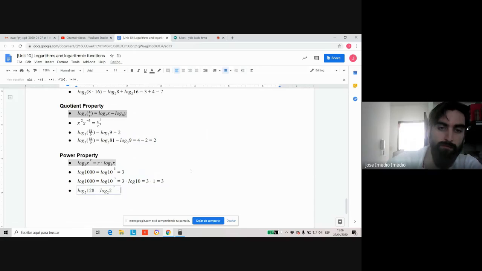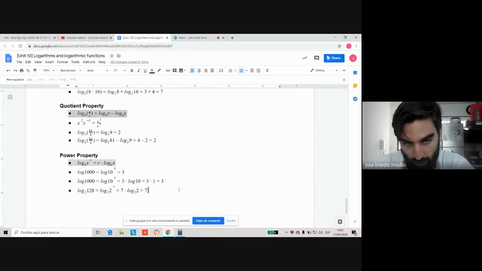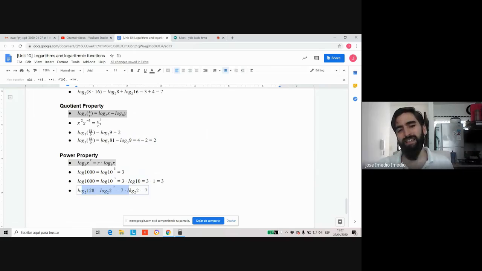Okay, this is the same as writing 7 times the logarithm base 2 of 2. So 7 times 1 equals 7.